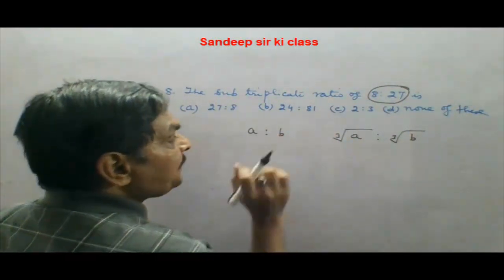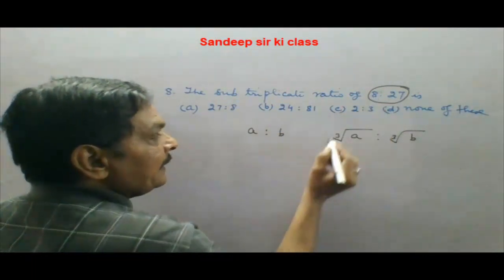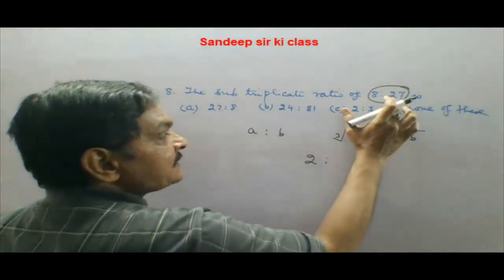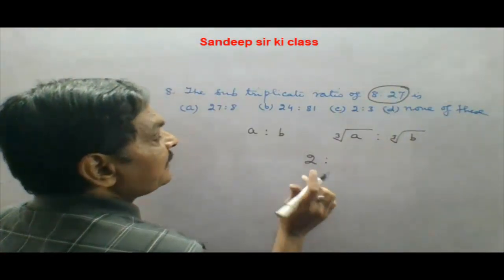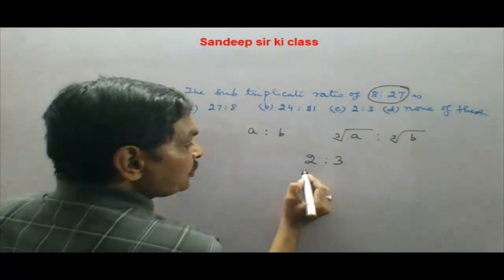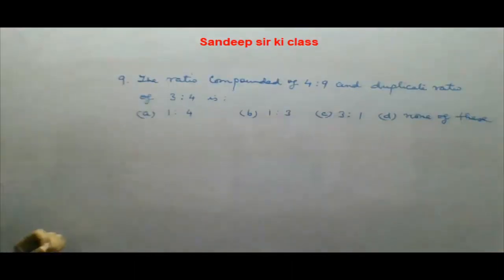So its subtriplicate ratio will be cube root of 8 is 2, ratio cube root of 27, cube root of 27 is 3. Therefore, the subtriplicate ratio is 2:3. Our option C is correct.